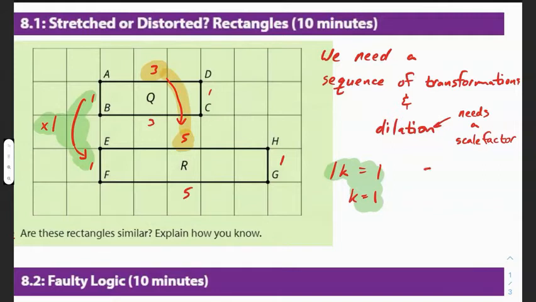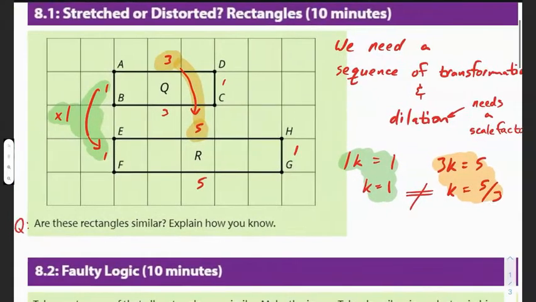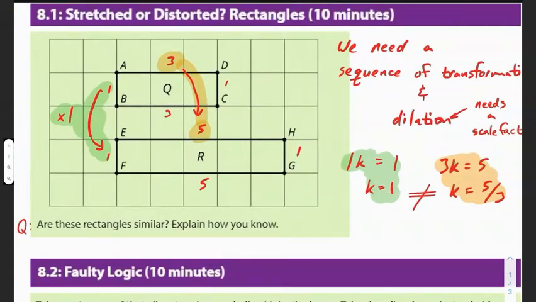Because 3 times what gives me 5? Division property. You should get 5/3. So immediately you realize we're not applying the same scale factor here. So are these two rectangles similar? No. All right.